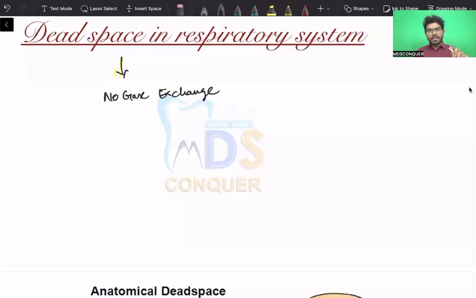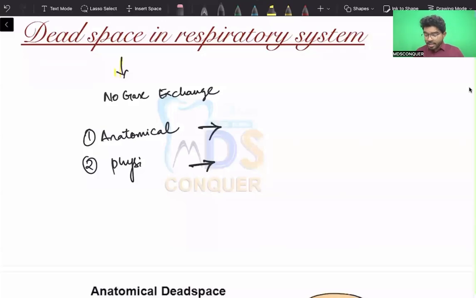So dead space in your respiratory system is basically of two types. What is that? Anatomical dead space and physiological dead space. Okay. Anatomical dead space is related to the anatomy, whereas physiological dead space is anatomical dead space plus areas where gases exchange took place previously, but now there is no gas exchange.